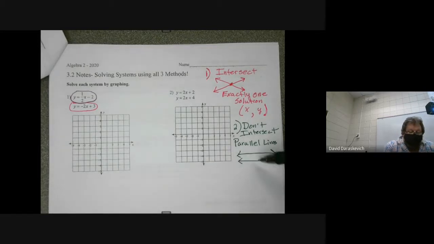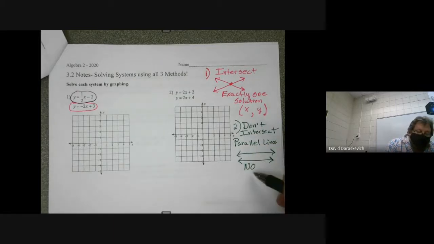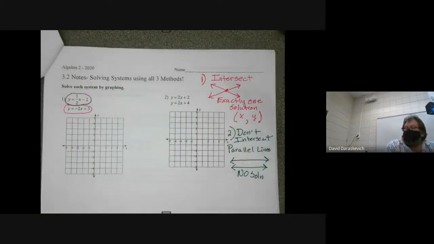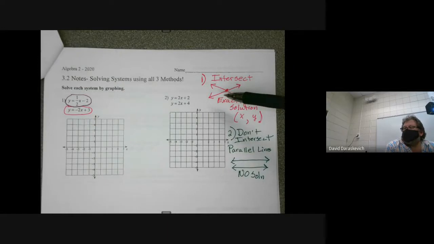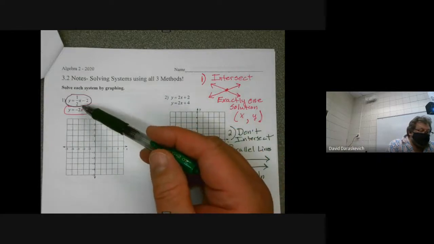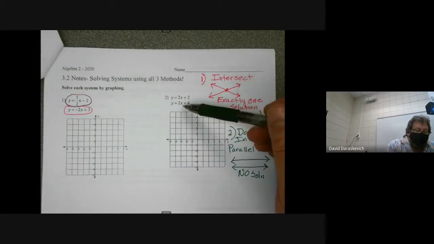So that means that there's no point in common. So there's no solution. And I always abbreviate solutions as SOLM. You can write it out or use your own abbreviation. I don't care. And remember, that point, like in scenario number one, has to work in both equations at the same time. That's why there's no solution here. There's no point that'll work for both equations at the same time.